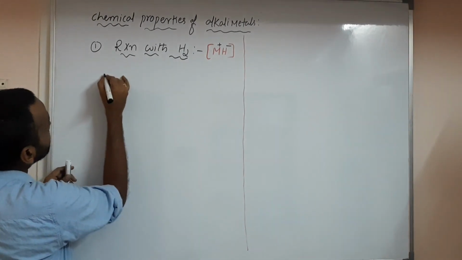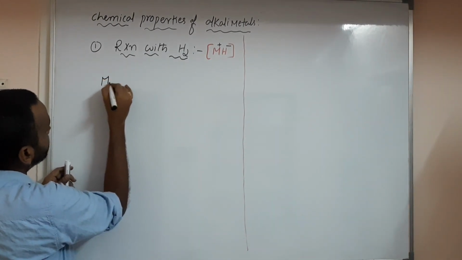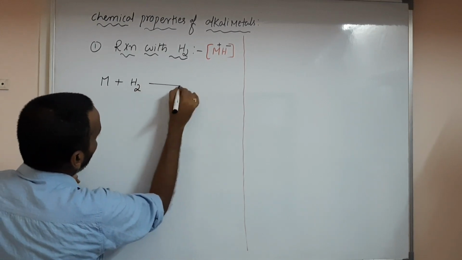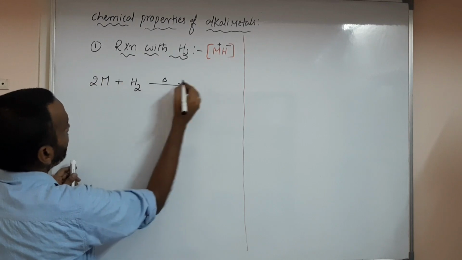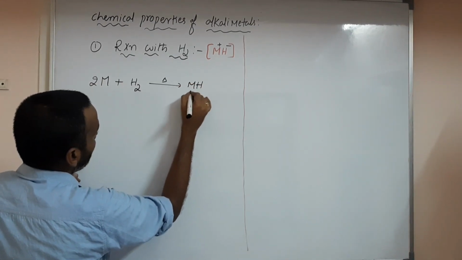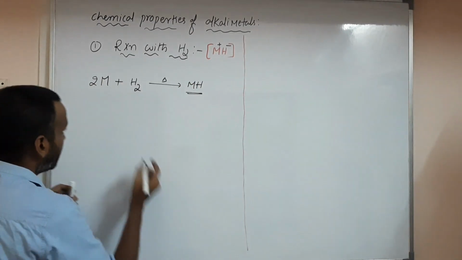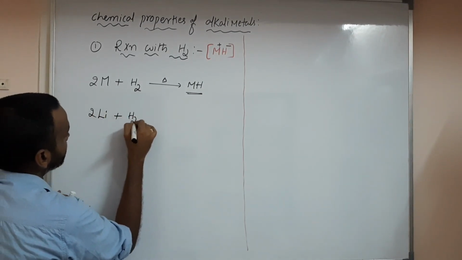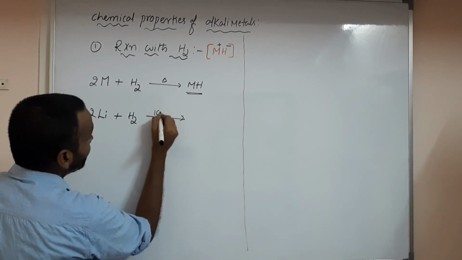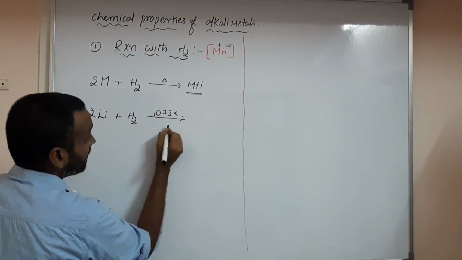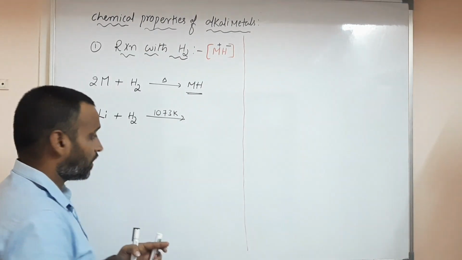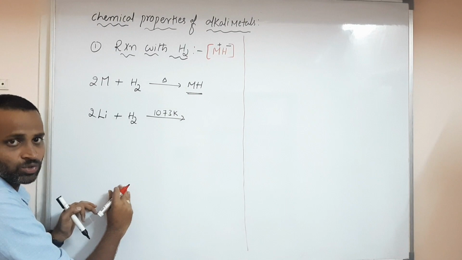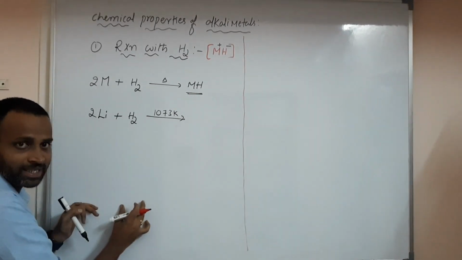Alkali metals like lithium, sodium, potassium, rubidium, cesium, on heating, you will get MH, hydride. Lithium hydride, how to get it? Lithium reacts with hydrogen on heating up to 1073 K; high heating is required. As going down the reactivity increases, because as going down size increases.